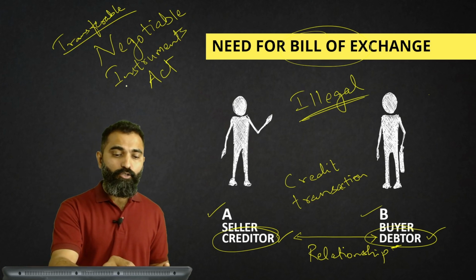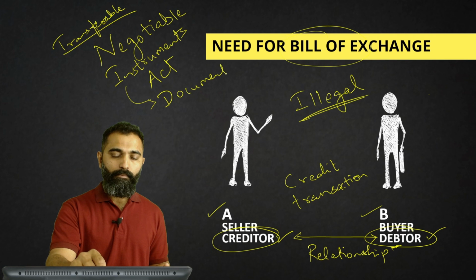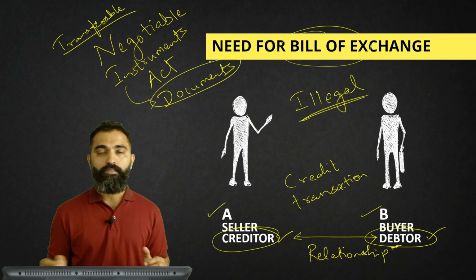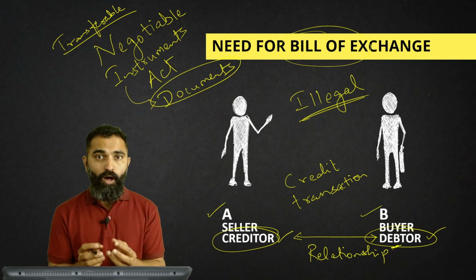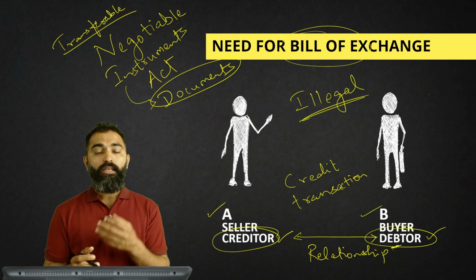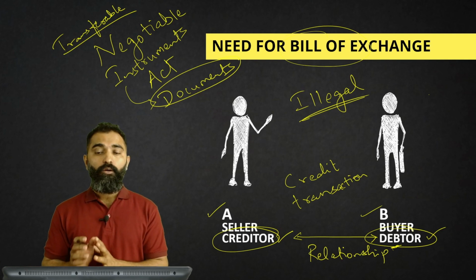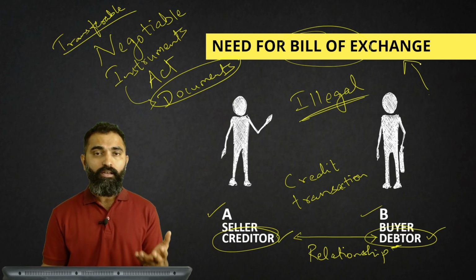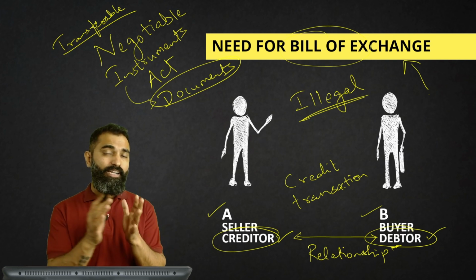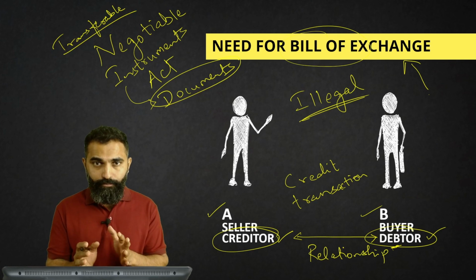And the word instruments here means documents. So we are talking about an act, we are talking about a law, एक act, एक कायदा, which talks about transferable documents. Okay, and bill of exchange definitely is a transferable document. इसको आप transfer कर सकते हो, it can be transferred from one person to another, right?